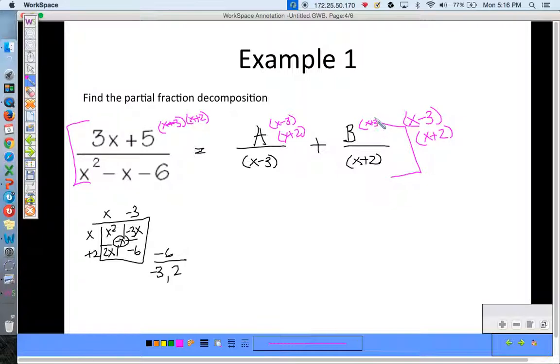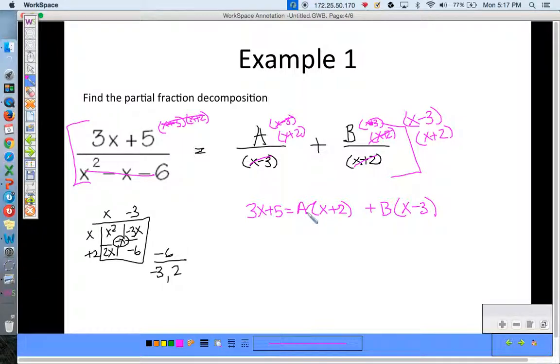Excuse me, I'm getting those backwards. Minus 3 and plus 2. Well, we know these are equivalent, so on that side we're left with 3x plus 5, and on the other, a times x plus 2 plus b times x minus 3. So again, our goal is to figure out that a and b.